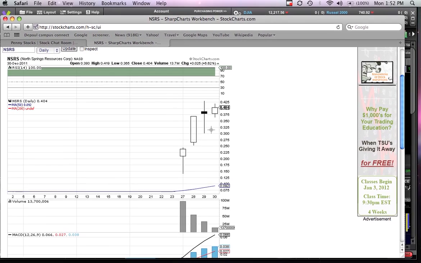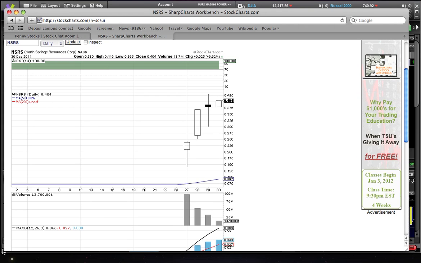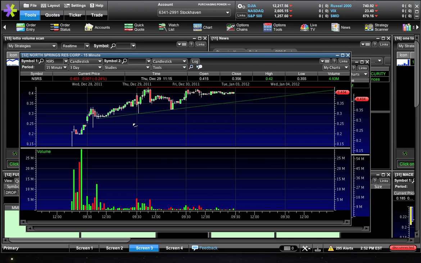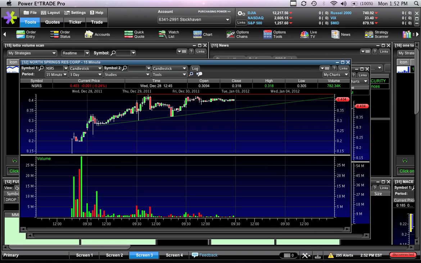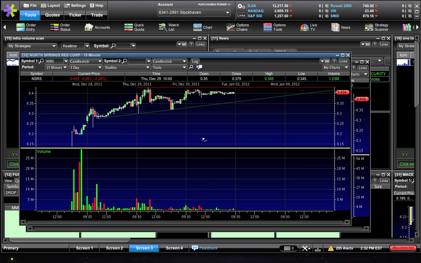So it's kind of hard to gauge where support and resistance levels might be from just looking at the daily. So by looking at an intraday chart, you get more insight into what's going on. So that's a 15-minute chart.